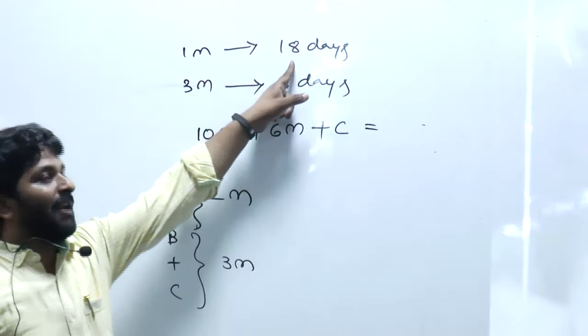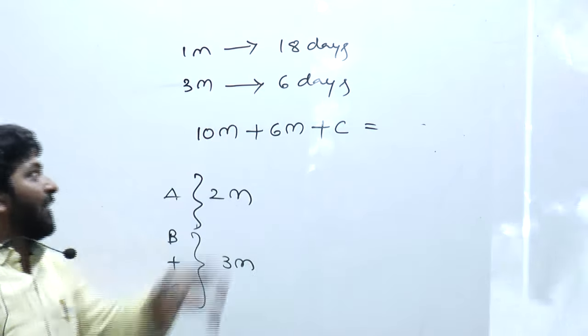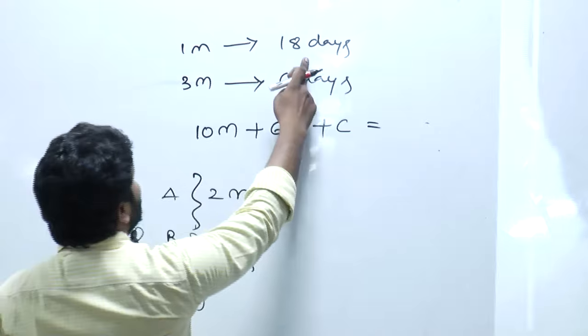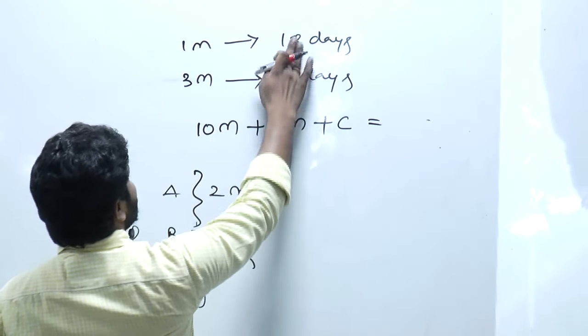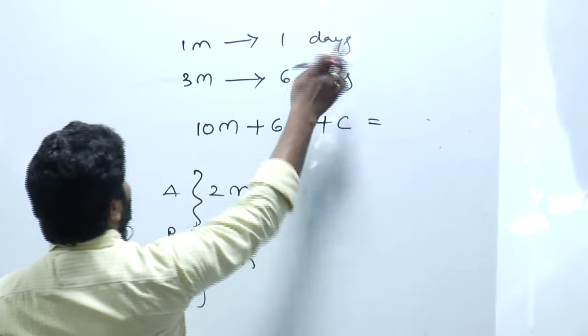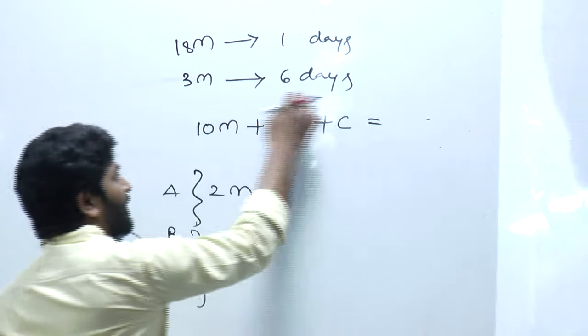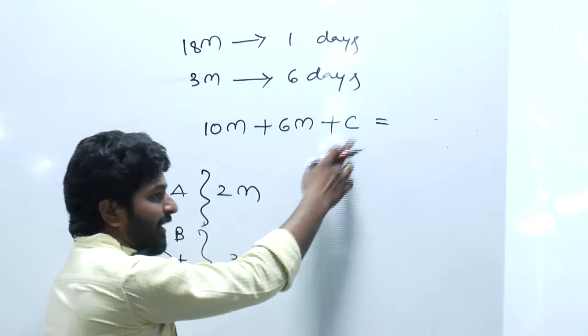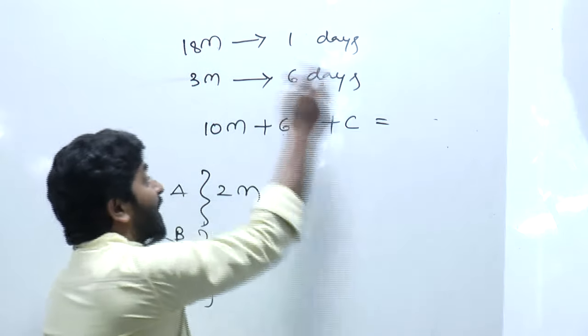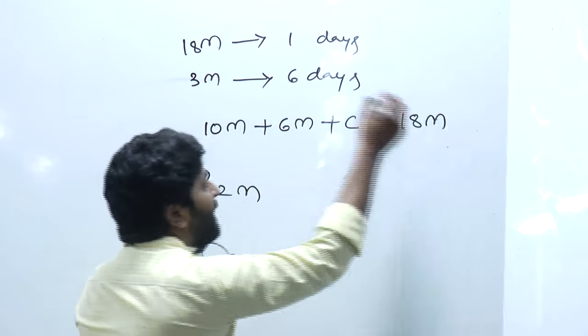Work can be completed in how many days? 18 days. 1 man can complete the work in 18 days. In order to complete it in 1 day, we need to have 18 men. They all have worked together and completed the work. That should be equal to 18 men.